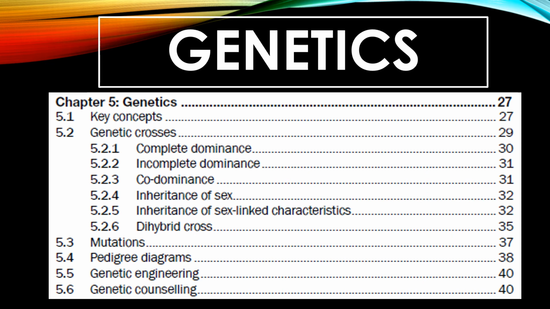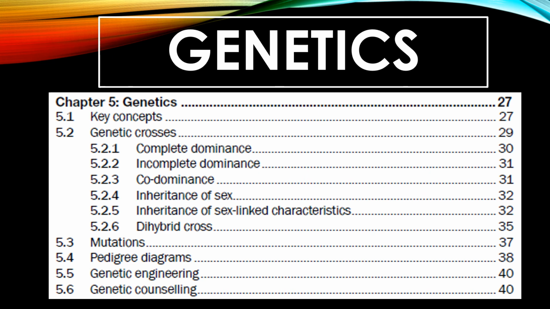We'll be looking at sex-linked diseases as well. 5.2.6, the dihybrid crosses. You need to know how to solve these. You'll be getting crosses and you need to show how this is done. If you still have a gap, I'll be showing you, because you'll get this on your exam, and many learners are confused by this.